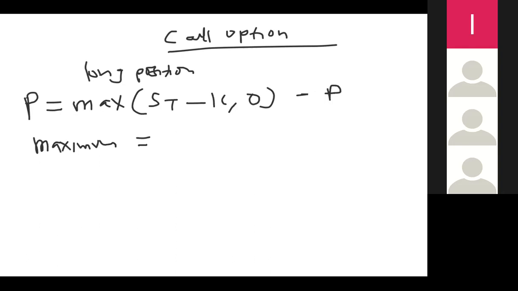So let's say the strike price K is equal to 40, and the stock price is equal to 60. You make a profit of what? 20, right? Now if the stock price goes to 100, you make a profit of what? 60, right? So as the stock price keeps increasing, your profit also increases, right? So you can make profit up to infinity.